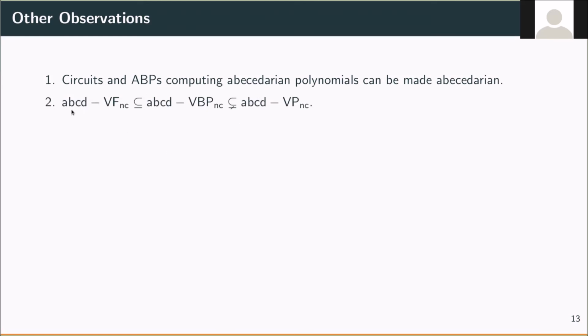Secondly, the usual inclusion of VF being a subset of VBP being a strict subset of VP continues to hold if we put the added abecedarian restriction.